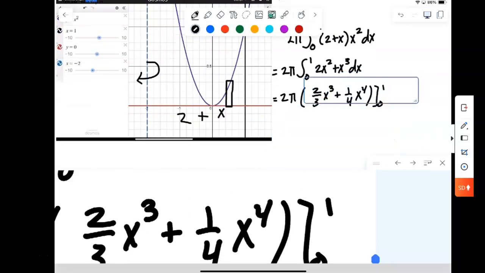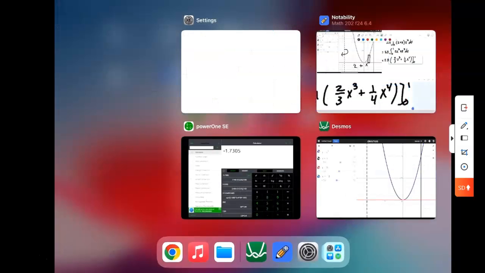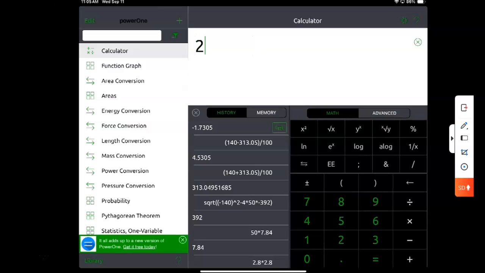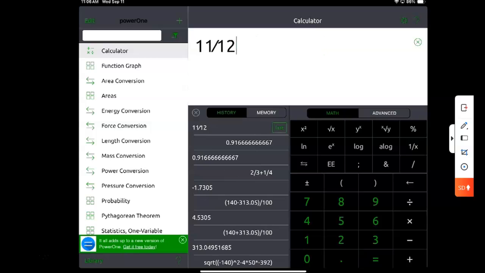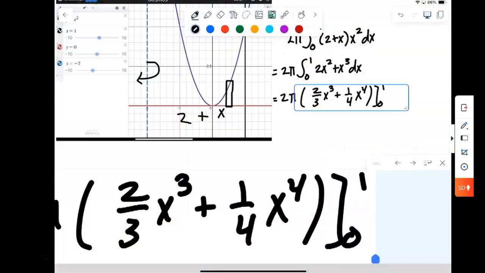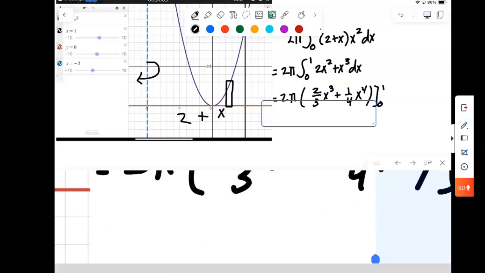And so when we plug in 1, we're basically just going to have 2/3 plus 1/4. I'm going to just cheat real quick on a calculator just to speed up the process. 0.91, which is 11/12. And then that's times 2 pi out here.